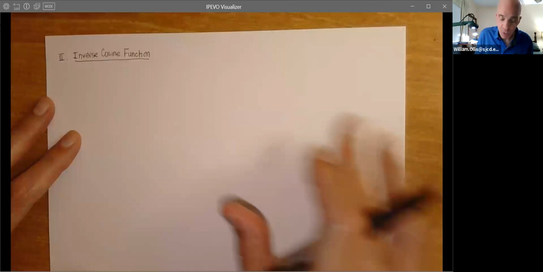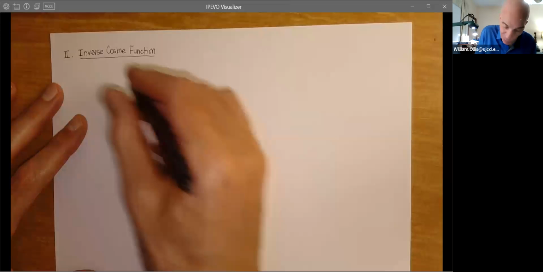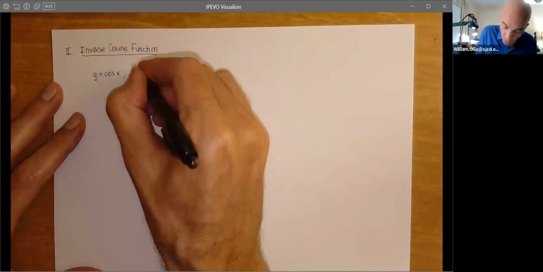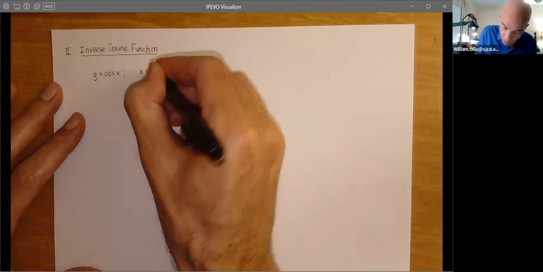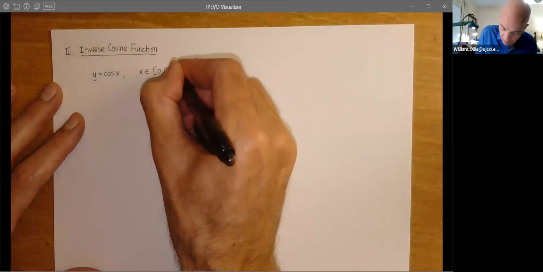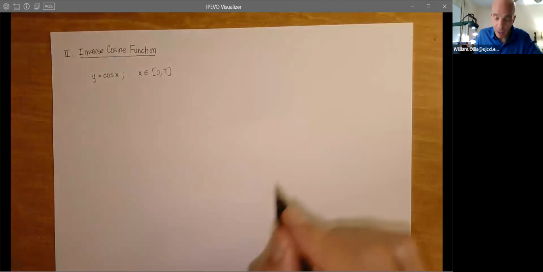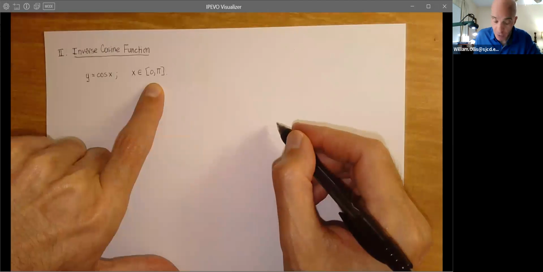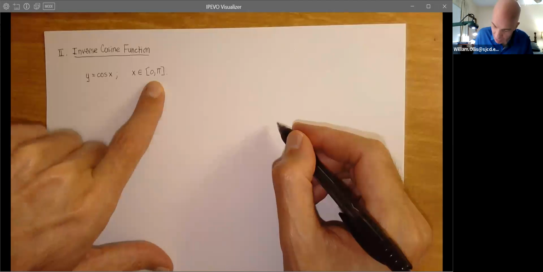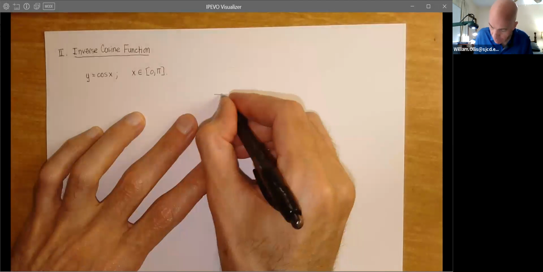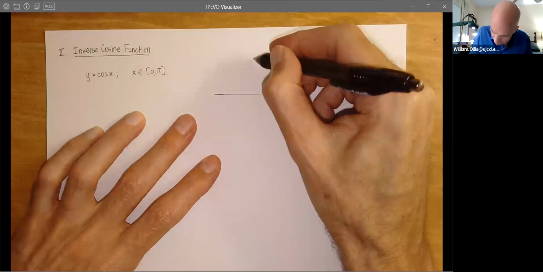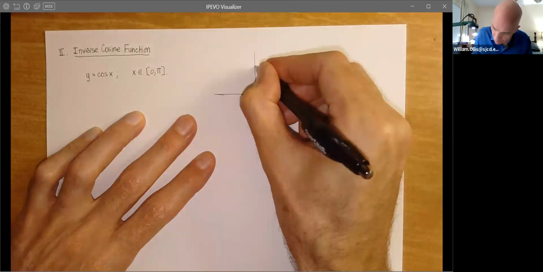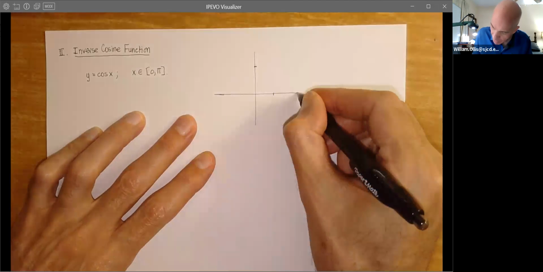So now for the inverse cosine, we do the same thing, and this one is also universal. So here we're going to say y equals cosine x, the regular, but we're going to restrict where we're going to say x lives between 0 and pi. So we're going to create a 1-to-1 function by restricting the input of the cosine function to 0 to pi. So what does that look like? So we have 0, we know we get 1, and then pi over 2, and then pi.